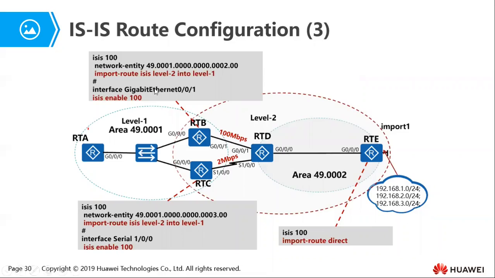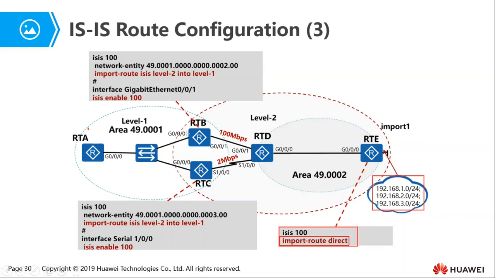Here we are doing two of the requirements. Number one, RTE wants to import these direct routes into IS-IS. The command to do that: you go into IS-IS 100, then you use the command import-route direct, just like in OSPF. It's going to import these routes in this particular area and share them with RTD.